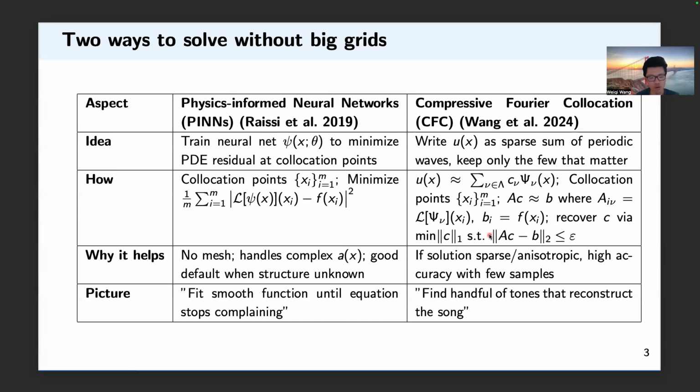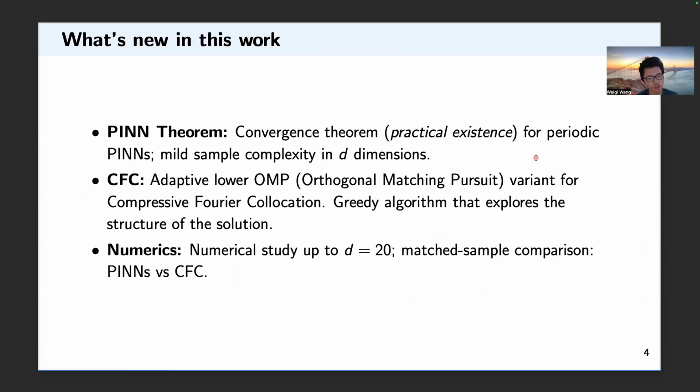And now I would like to introduce what's new in our work. There are 3 points. The first point, we have a practical existence theorem for periodic physics-informed neural nets, PINNs. It gives a sample rule and neural network size, so you know the bound on how many points to take and how big the neural network should be.